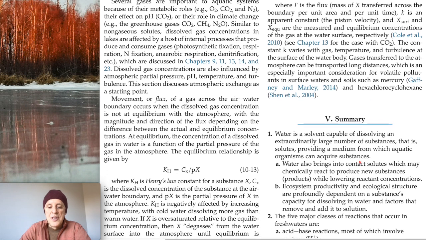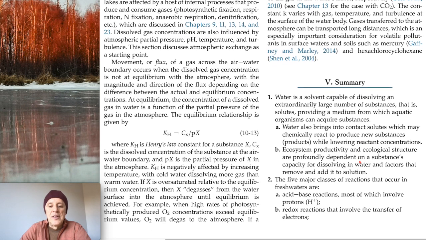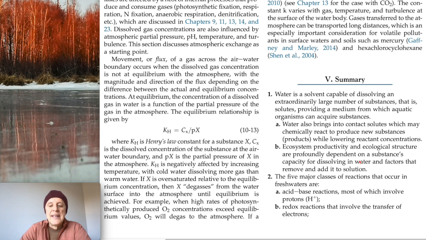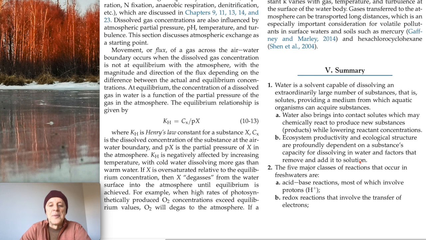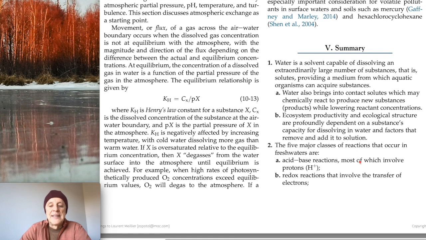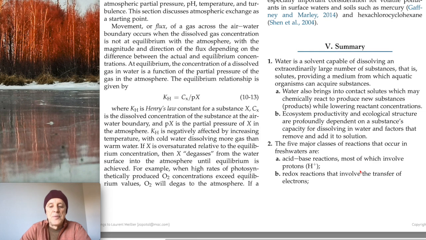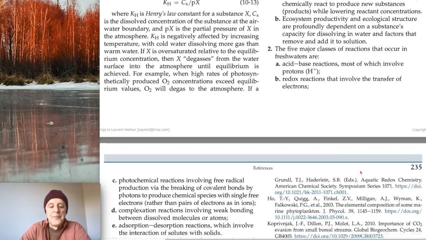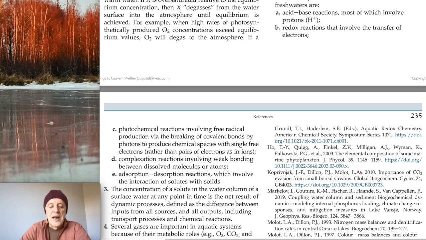In summary for this chapter, water is a solvent capable of dissolving an extraordinarily large number of substances, that is solutes, providing a medium from which aquatic organisms can acquire substances. The 5 major classes of reaction that occur in freshwater are acid-base reactions, redox, photochemical reactions, complexation reactions, and adsorption-desorption reactions.